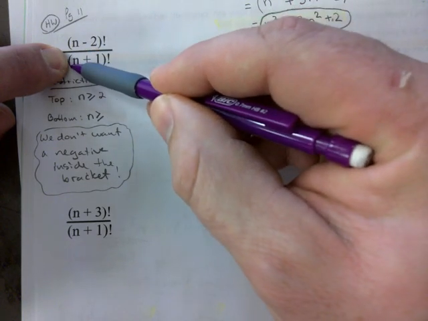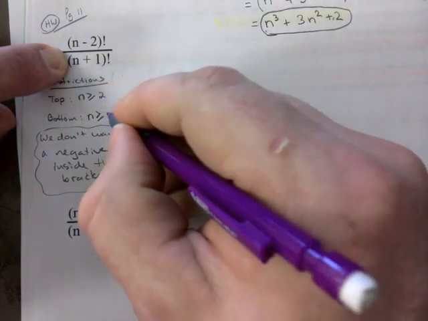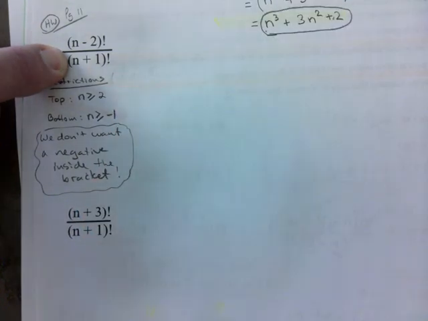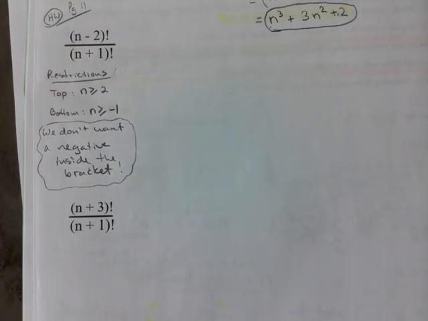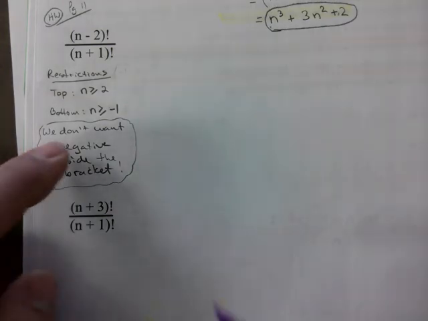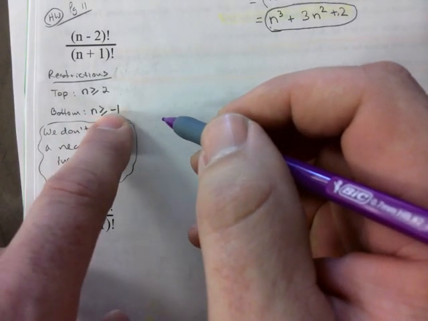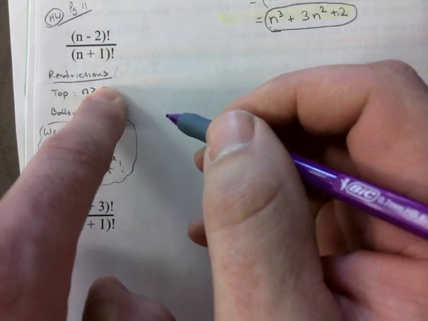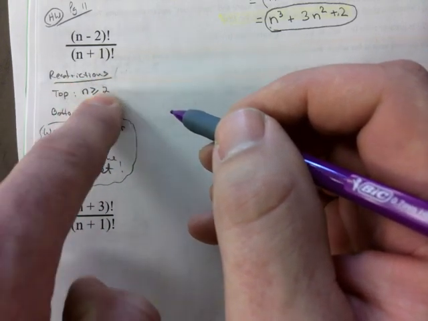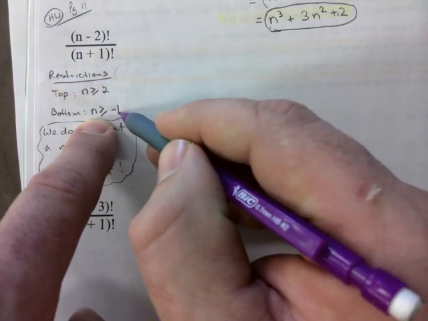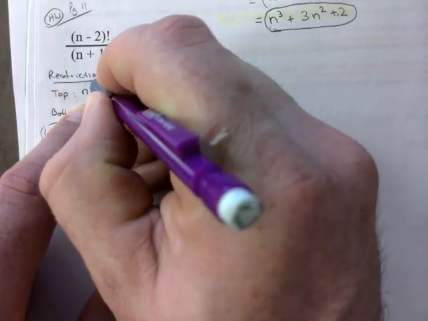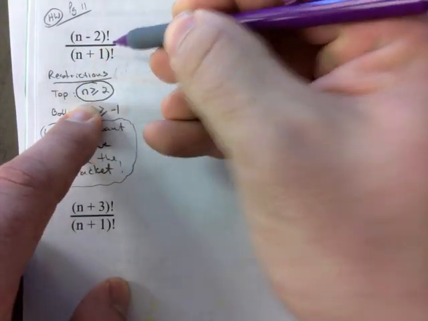It would be -1, correct? So you want that to be greater than -1. You can't go as low as -1, or else you'll have a negative. You'll soon realize this one is irrelevant to us because the top one already takes care of that. We'll never even get as low as -1. So this is my ultimate restriction for this whole expression.